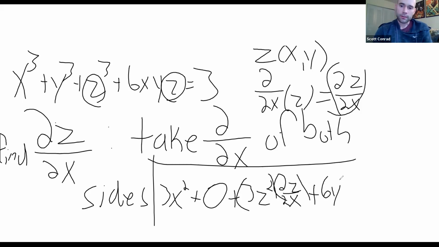So it's 6y times the derivative of x with respect to x times z, plus x times the derivative of z with respect to x. What's the derivative of x with respect to x? 1. So we get 1 times z.